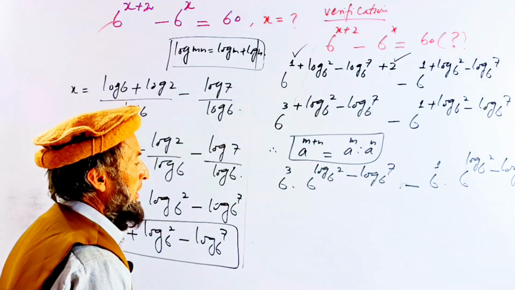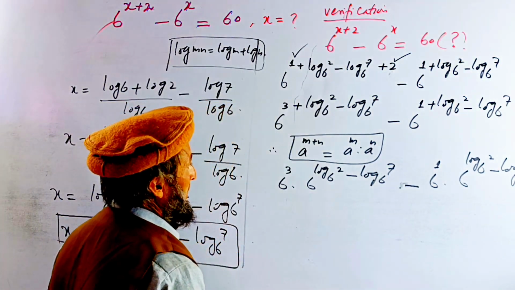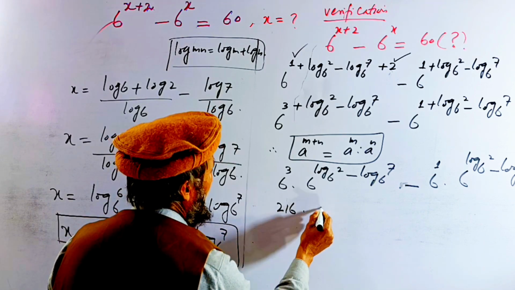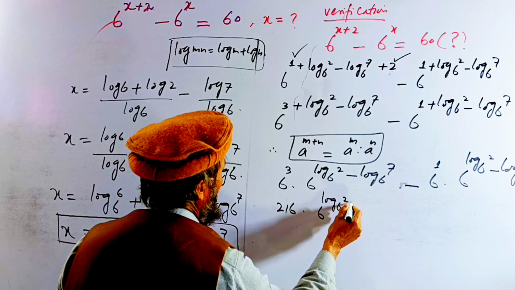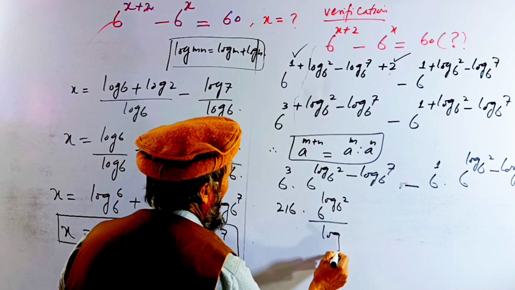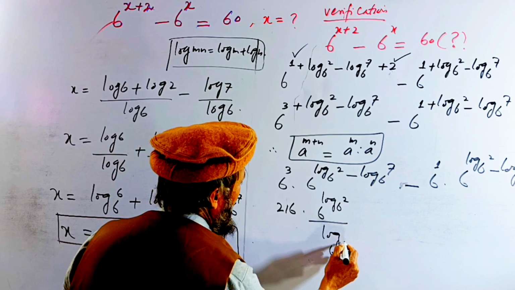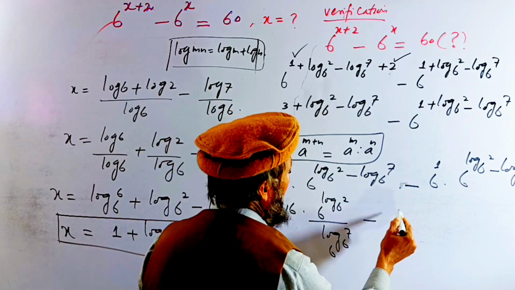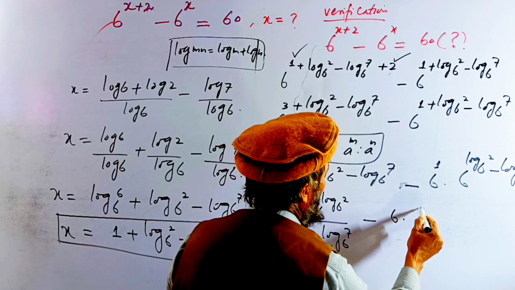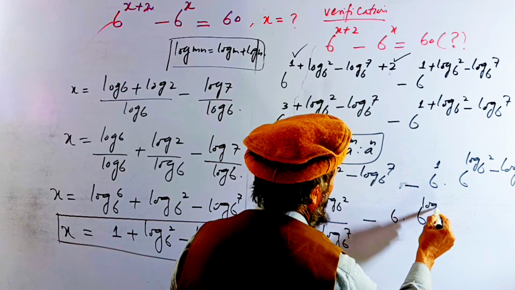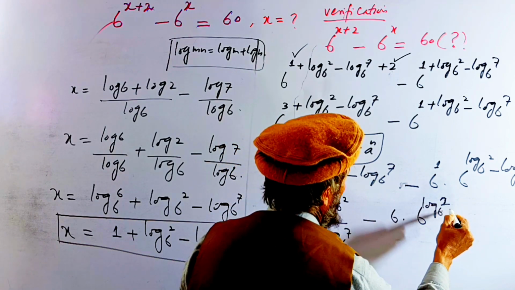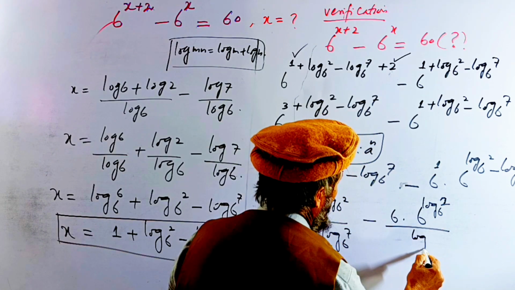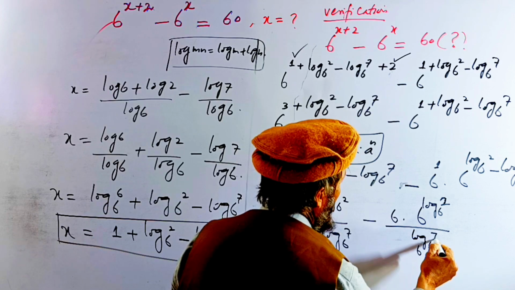Now here we will apply the base law, we can write this as 216 and 6 power log base 6 of 2, and this will be changed into log base 6 of 7, minus 6 into 6 power log base 6 of 2 divided by log base 6 of 7.